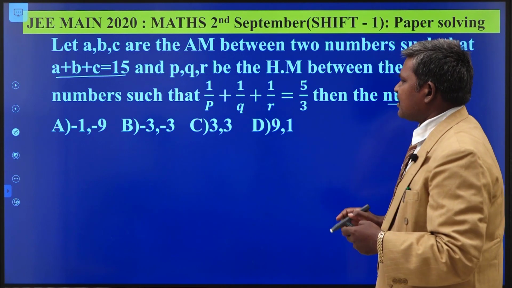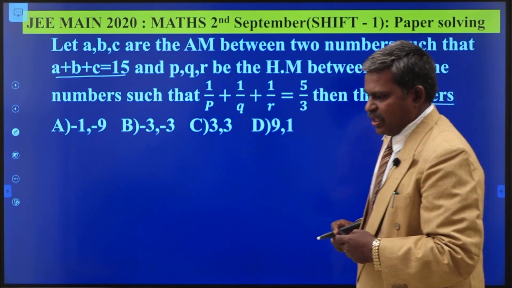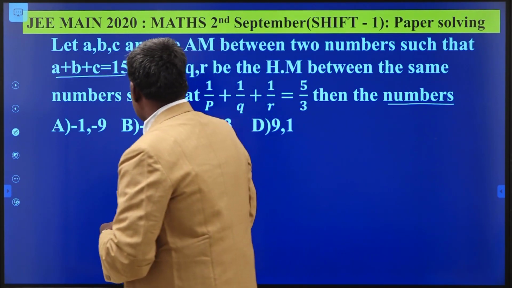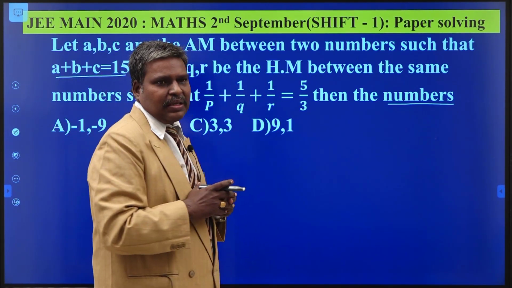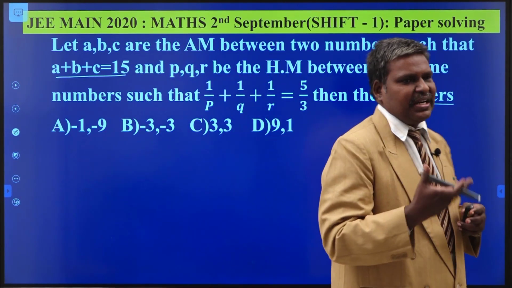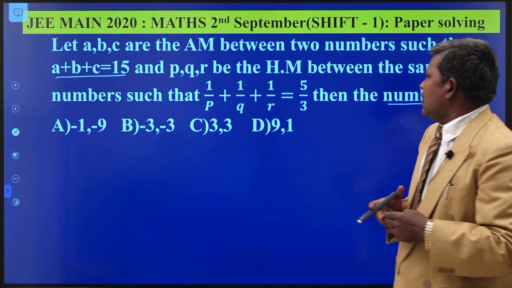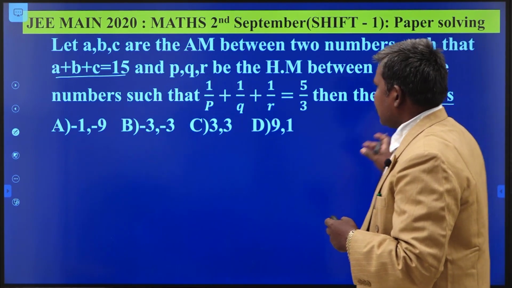Then the numbers are what? This is also a progressions question. If you have some knowledge about arithmetic means and harmonic means, it is very easy. Otherwise, you have to calculate everything. Now, I will try to explain this in the simplest way.